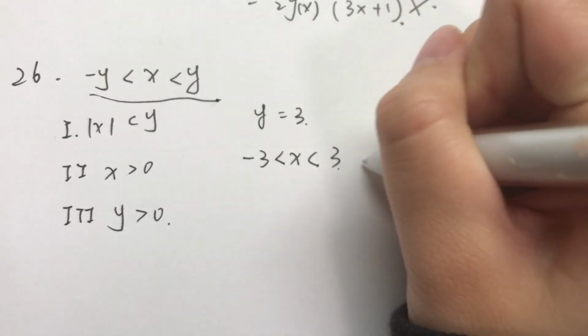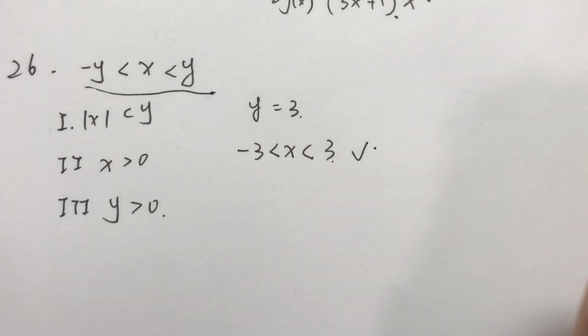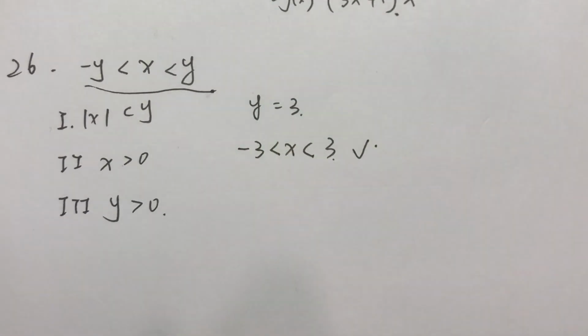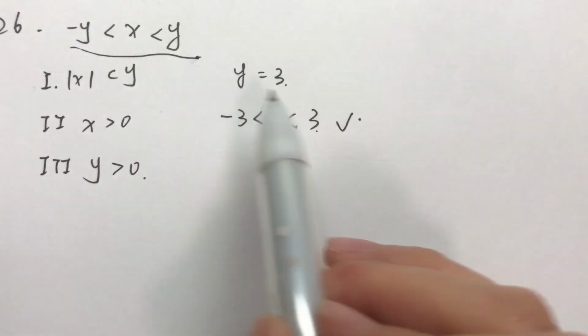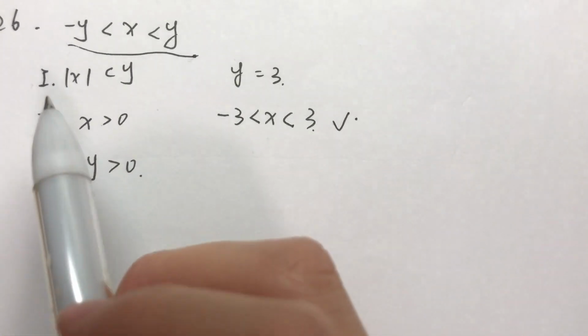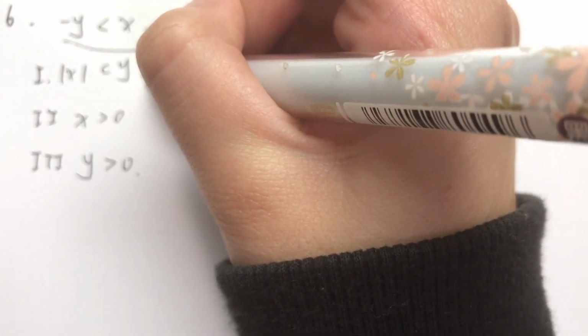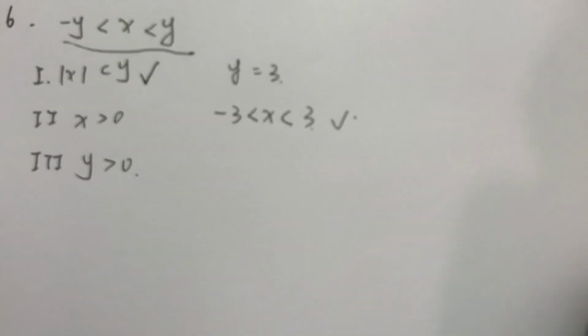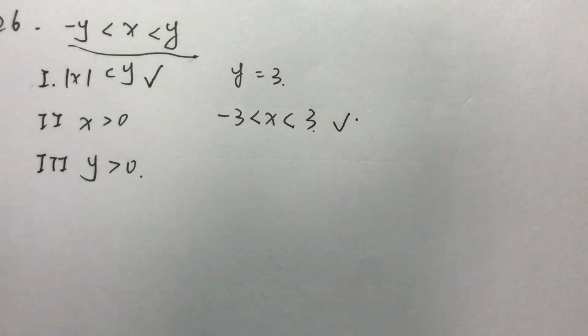So this inequality is correct. So if y equals 3, it should be correct. So if this is correct, 1 should be correct, and also 3 should be correct.